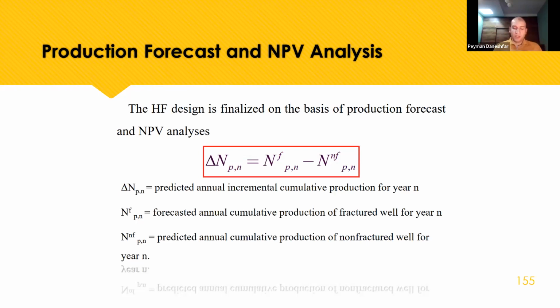And also we find a quantity that tells us whether it is okay to do a fracturing job or not. So that is a formula to predict the annual cumulative production of the fractured well and the unfractured well: how much the production will be increased.